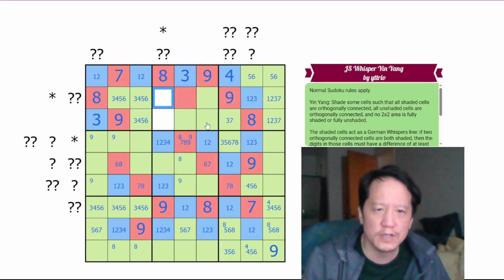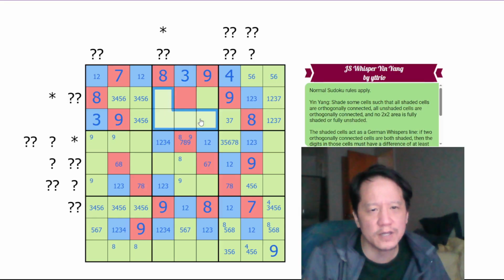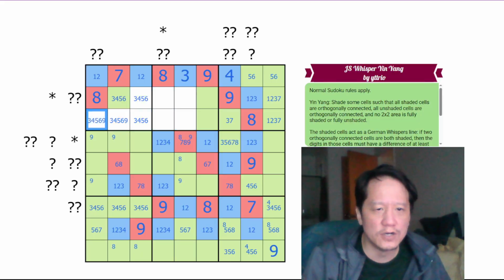This would be unshaded because of a 2x2 area, but to orthogonally connect, you would have to be unshaded, and therefore you have a 2x2 area that's all unshaded. And it's the same way if you do the other way. If this is blue, this is green here, this must orthogonally connect, so it's green, and it must orthogonally connect, so it's green, that's a 2x2 area, which is unshaded. So you cannot go this way. So this is unshaded.